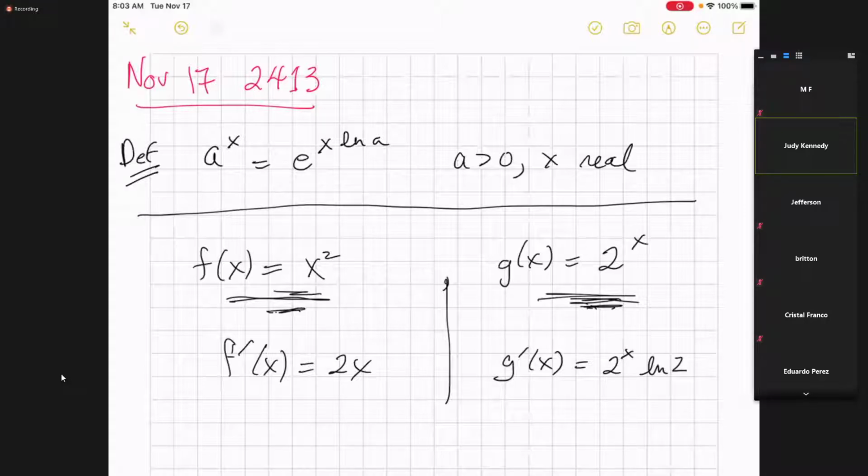So the big difference is in f, the base varies. In g, the exponent is what's varying. The base is fixed. For f, the exponent is fixed.